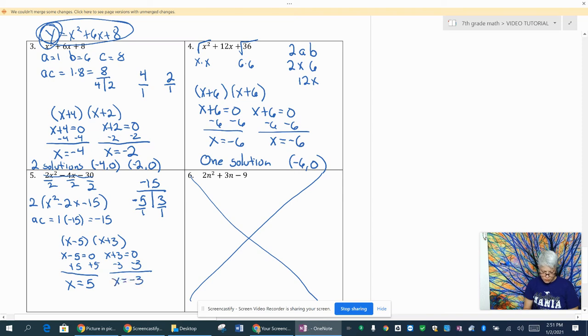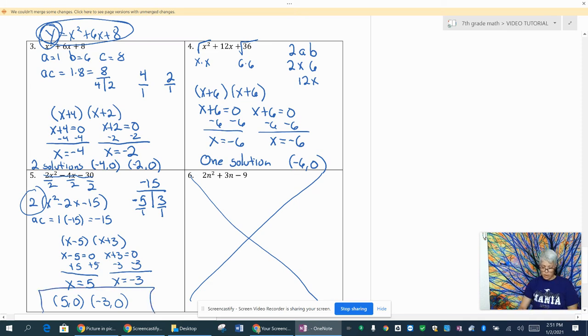We get to just throw it out, okay? This 2 right here is not a solution. We're just going to throw it out because remember, I can't have 3 solutions. So my answers here are 5, 0, and negative 3, 0. Those are my solutions. Bam.